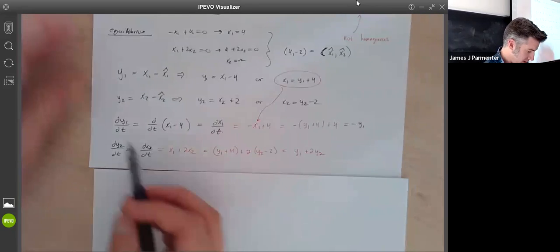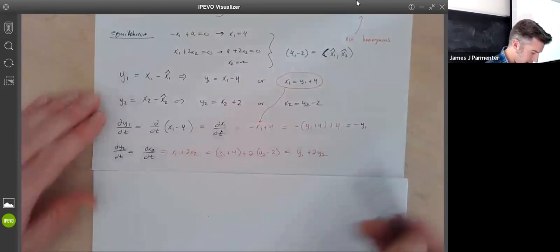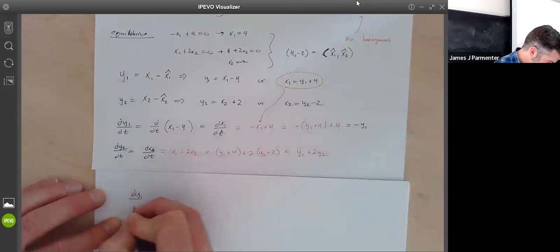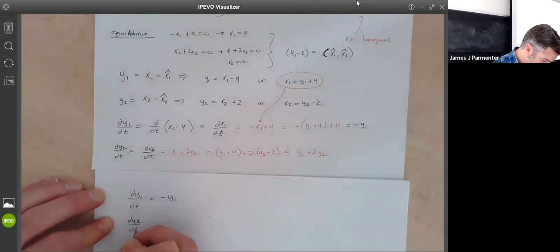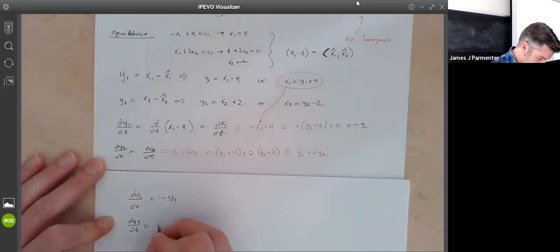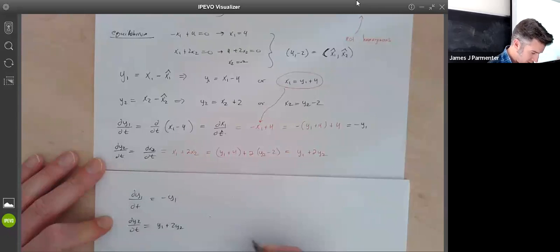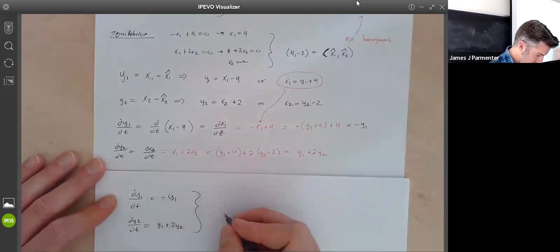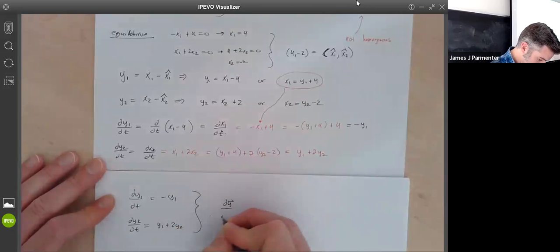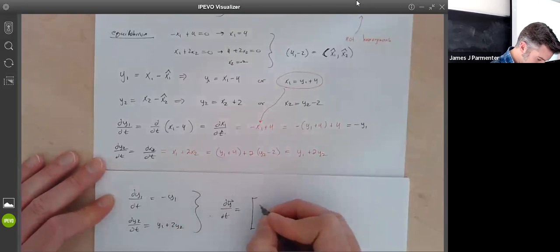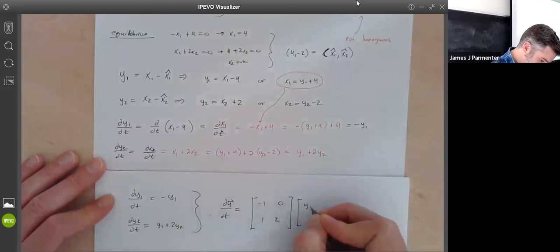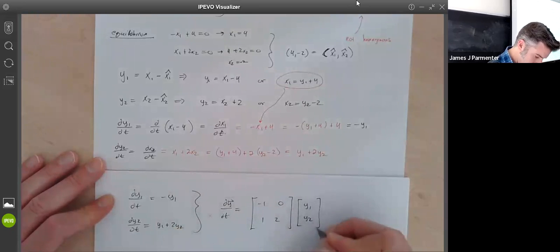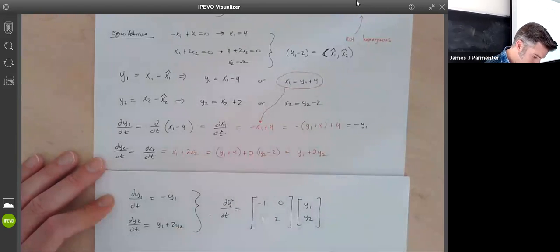We've got dy1/dt equal to negative y1, and dy2/dt equal to y1 plus 2y2, which gives us the system dy/dt equal to the matrix negative 1, 0, 1, 2 times y1, y2. And this is a homogeneous linear system of equations.